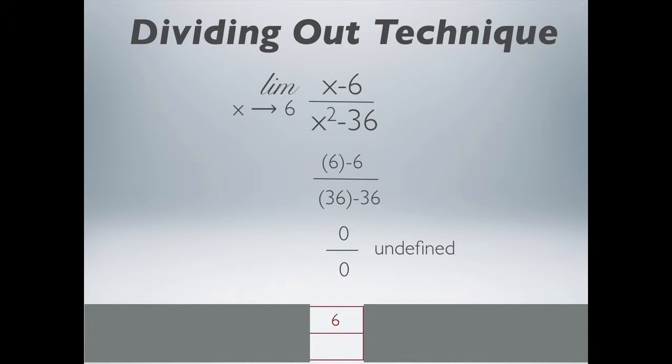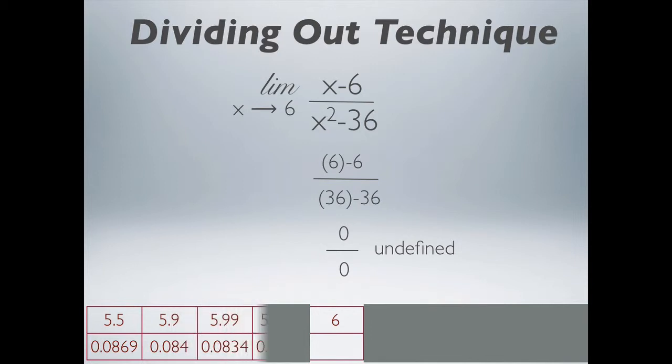Now, analyze this. If you've noticed, if we are plugging in a value of a number that is close to 6 but it's not actually 6, the limit of a function approaching a certain number. And in this case, for 5.999, it's approaching 0.0833.